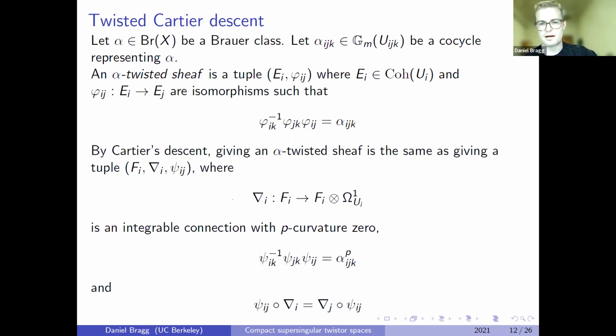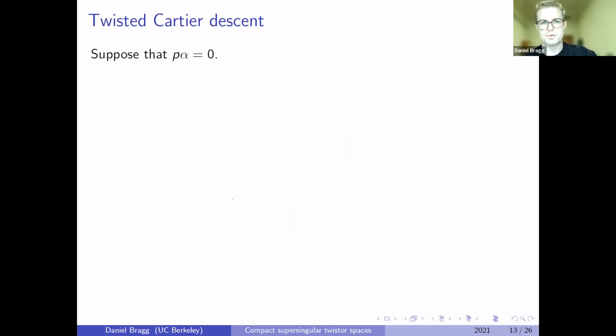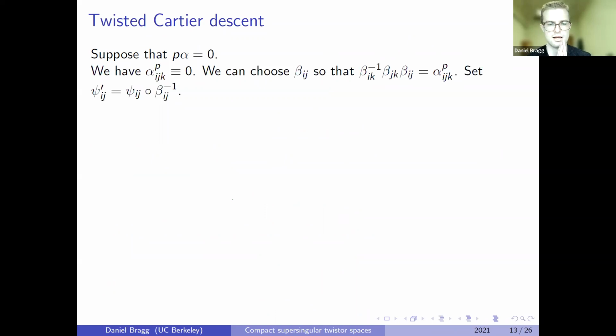Okay, but now let's suppose that p alpha is equal to 0, and let's massage this a little bit. That means that the cocycle alpha ijk to the p is equivalent to 0 as a cocycle. And what that means is that we can find a boundary, which is a bunch of beta ij's satisfying this condition, beta ik, the inverse, etc., equals alpha ijk to the p.